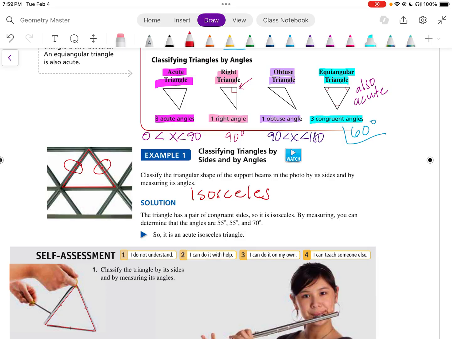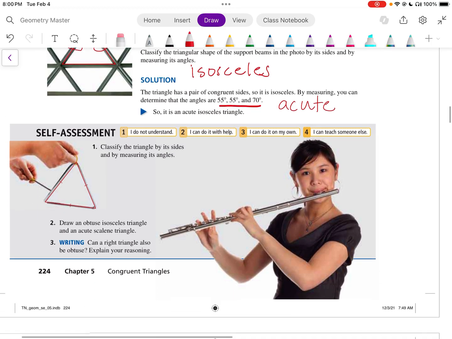Then it wants you to measure these with a protractor. Unfortunately, none of them are marked. We don't do much with a physical protractor anymore, but we'll take their word for it that the angles are 55, 50, and 70. Because all of those angles are less than 90, this is acute. So it is an acute isosceles triangle. Every single triangle we can label based on its angles and its sides.